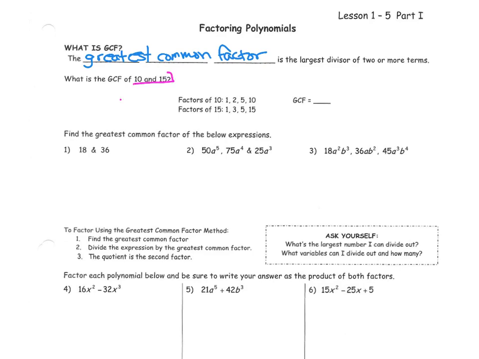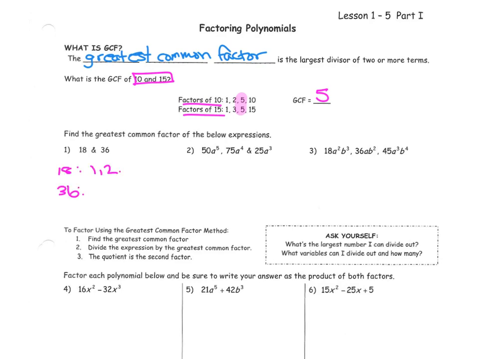What's the GCF of 10 and 15? Well, I just wrote out all the factors of 10 and 15, so this should be super basic knowledge for you guys. And you're just going to see what's the largest value that they have in common, and that would be 5. So the largest number between them is 5, so that would be the GCF. You could do that again for 18 and 36, write out all of the factors.